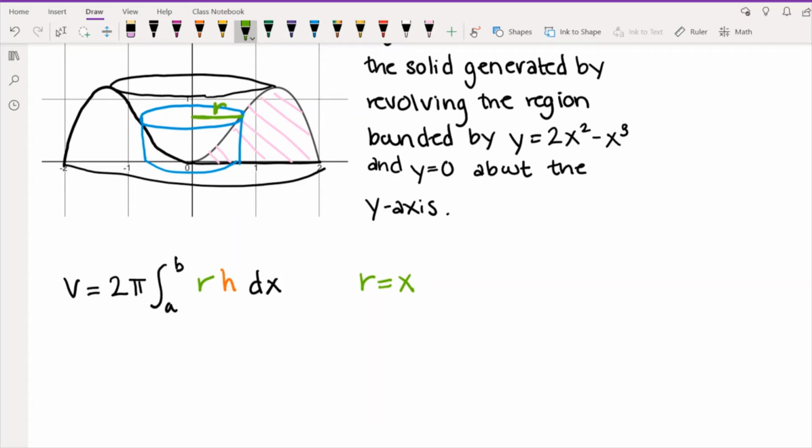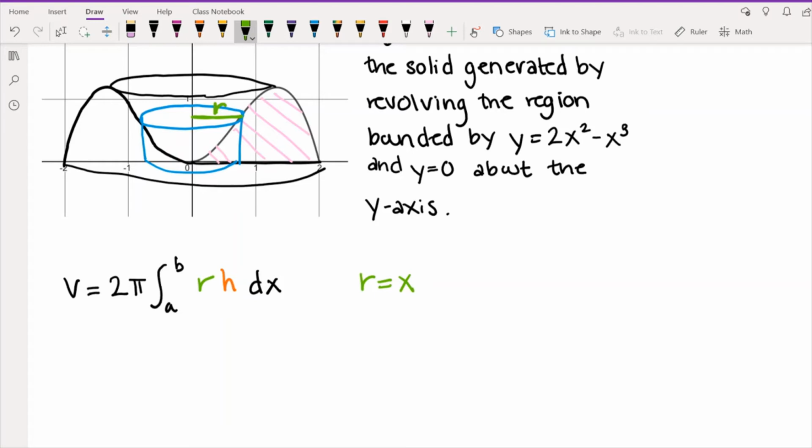It's because I erased them, but we had other cylinders, right? And you can make a cylinder at any x value. And actually you have to, right? In order to really approximate this volume, we want to picture infinitely many, picture thousands of cylinders. And that means that you're going to have a cylinder with a radius at every x value between 0 and 2. And so that's why we're setting the radius to just be equal to x.